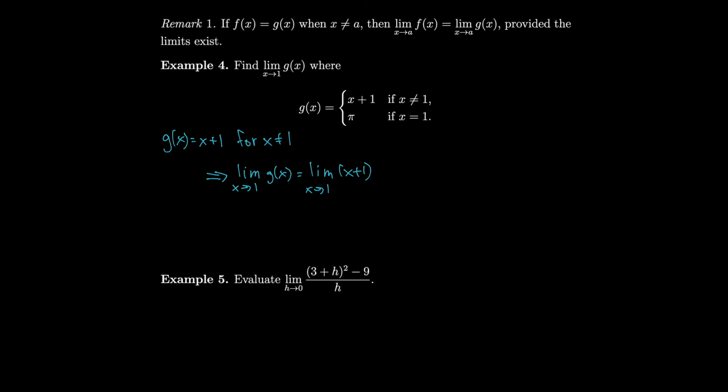Because two functions match, their limits must match. So that original limit must be equal to 2, because the limit of x plus 1 as x approaches 1 is 2. It's a polynomial, we can just directly substitute.